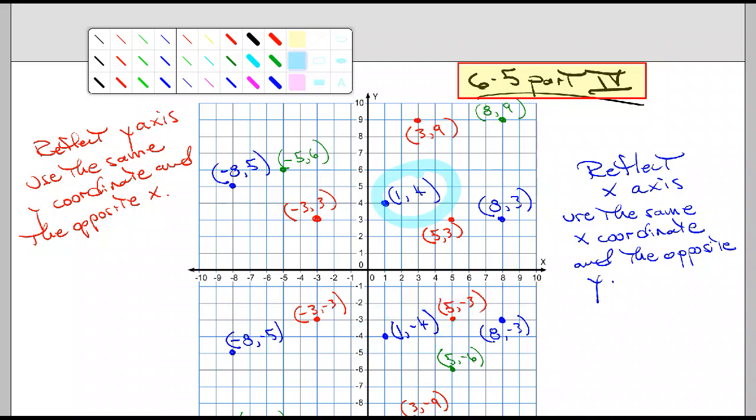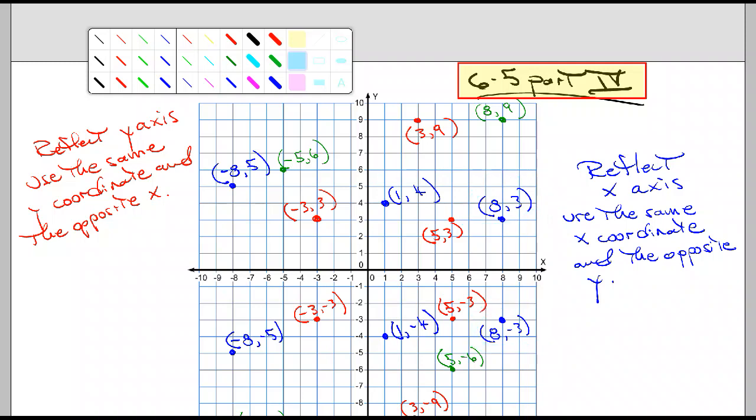Let me give you another example. If I wanted to reflect the point 8, 3, and now I'm reflecting on just the x-axis we're talking about, the x stays the same, and then I put the opposite of the y value. So it's 8, -3.